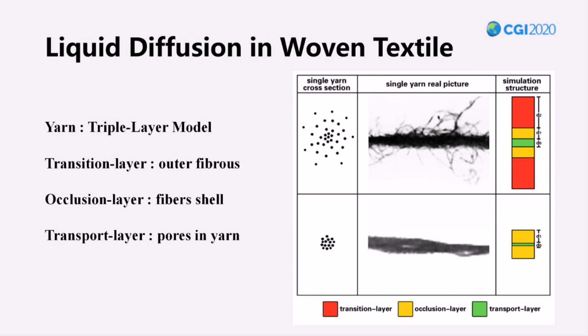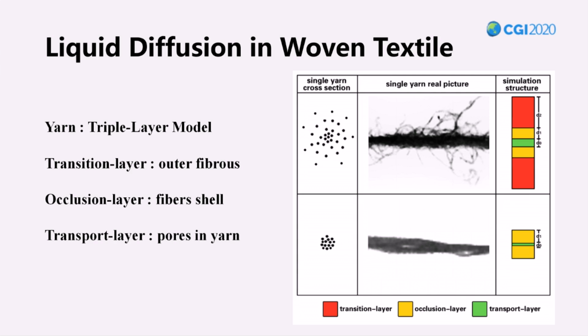The two have a great difference in structure due to the large difference in the length of the yarn fiber. When the liquid comes into contact with yarn and completes the wetting process, the liquid spreading along the tubular void in the yarn structure is called in-yarn diffusion.